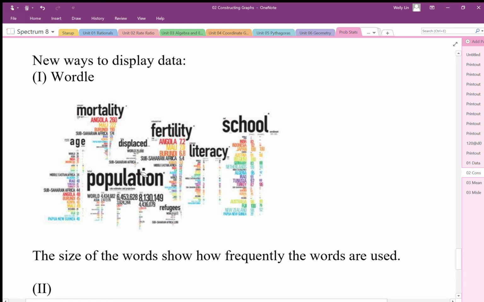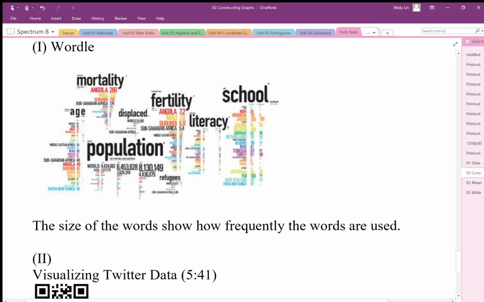So population is big because it's the most popular in this conversation. School. The really, really little words are less popular. It gives you an idea of the relative popularity of these different words, and an idea of maybe what this might be talking about.